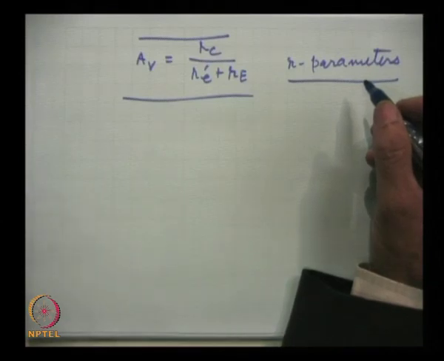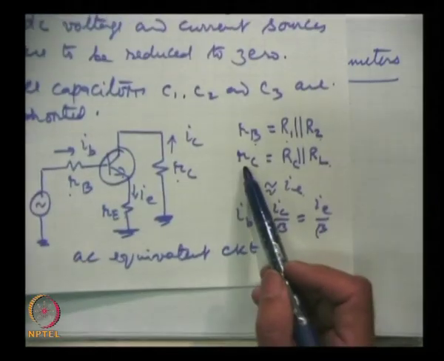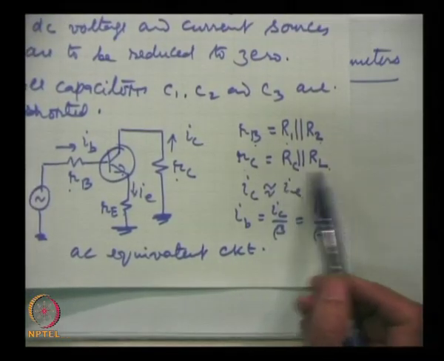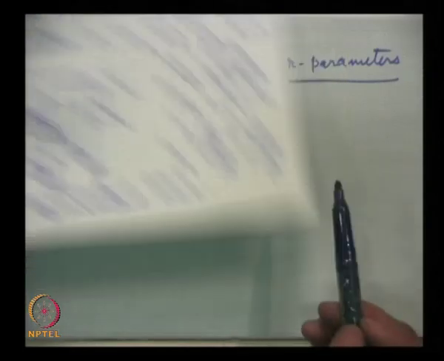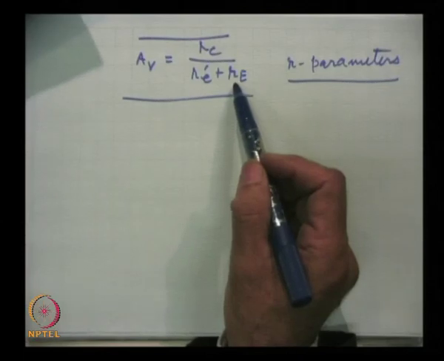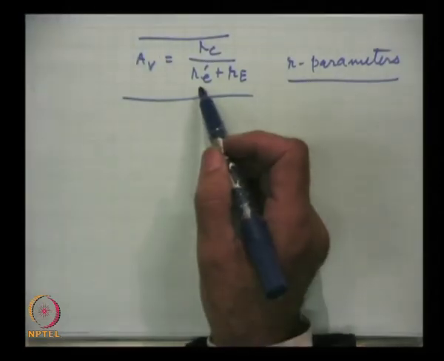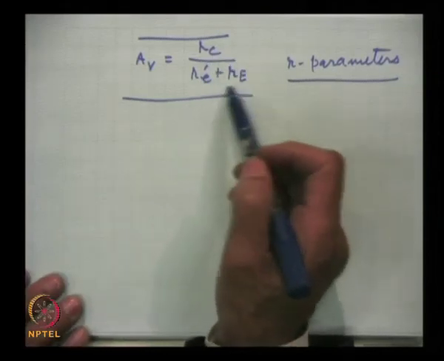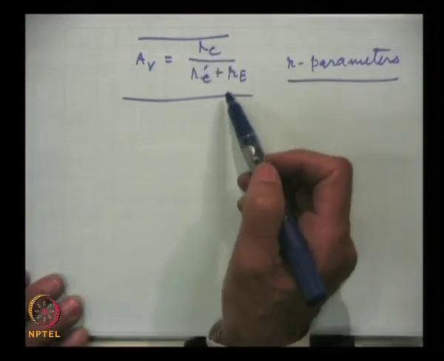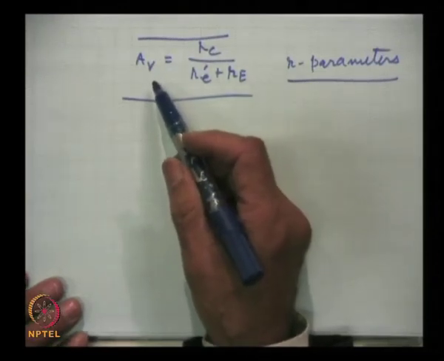Now, you know what these are: RC is the parallel combination of the load resistance with the collector resistance, Re is the effective resistance seen by the ammeter, and Re prime is the ammeter dynamic resistance. So, if we know the value of these three resistances, we can immediately and very easily calculate the value of the voltage gain.